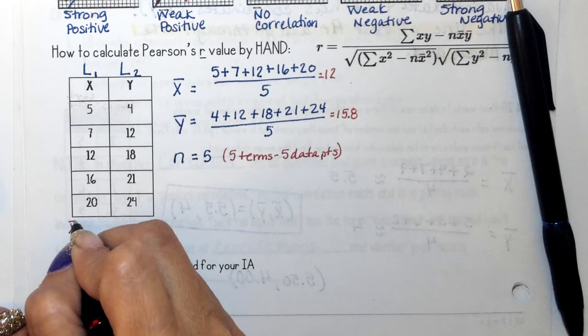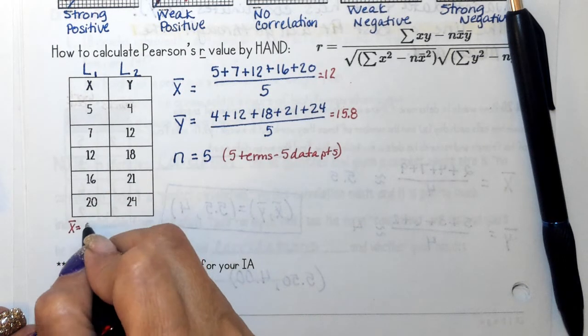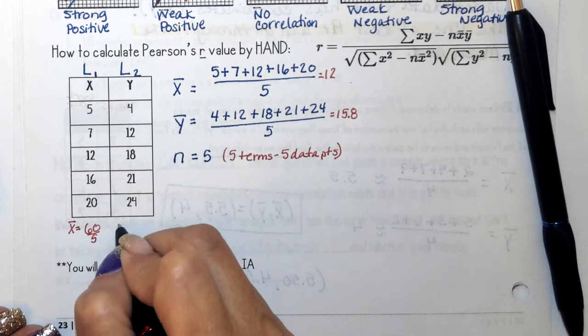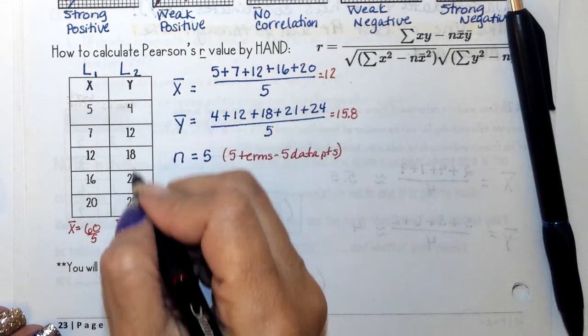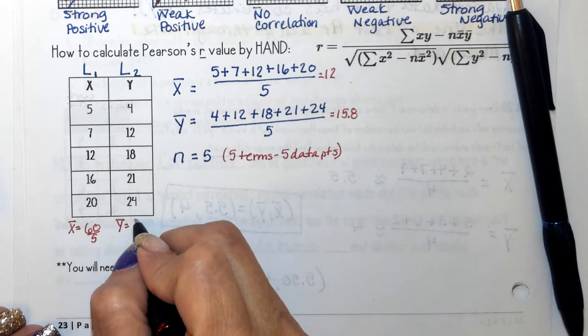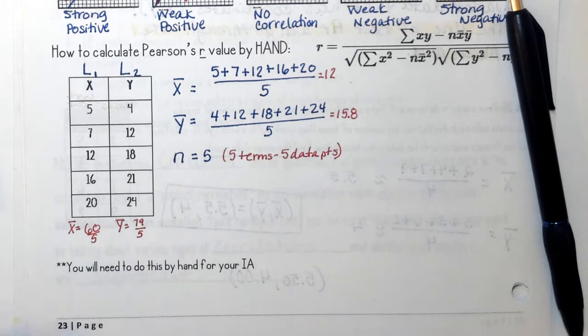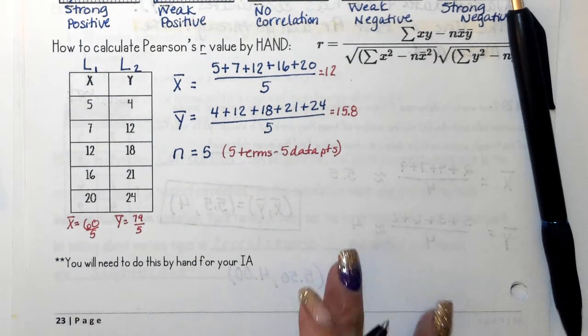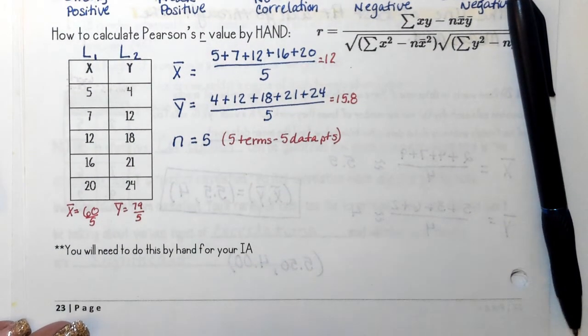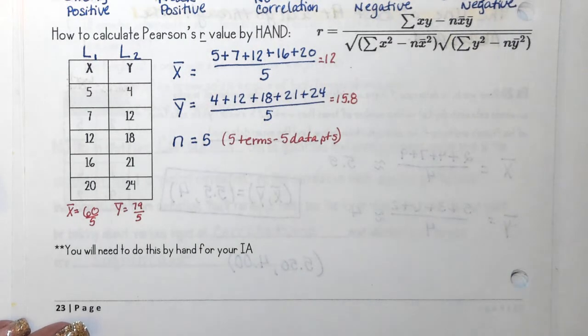We could say that x bar equals 60 divided by 5 if you sum all of these up, and y bar equals 79 divided by 5 if you sum all of that up. I don't have notes on this yet, so I just thought we'll do it here together.